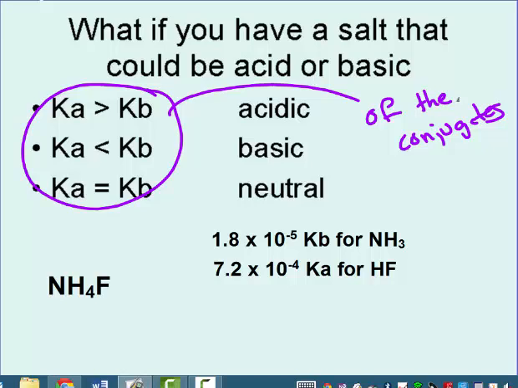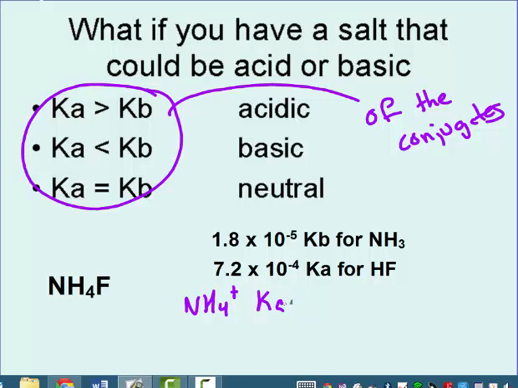All right, so for example, it says NH4F, would that be acidic, basic, or neutral? They gave me the Kb for NH3, so that's this one's conjugate, right? And HF, they gave me the Ka for it. So NH4, its Ka would be what?